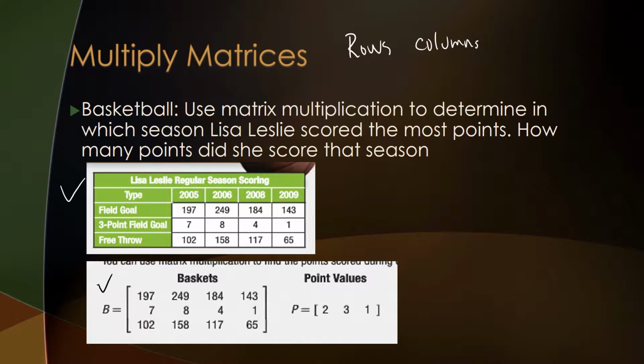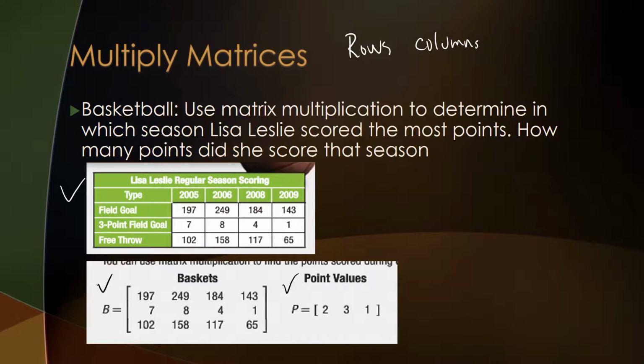And so matrix B here is the number of baskets, and matrices P is the point values for that type of basket. So a field goal is a two-pointer, a three-point field goal, of course, is 3 points, and a free throw is 1 point. And we're asked to find which season she scored the most points, and how many points did she score in that season.